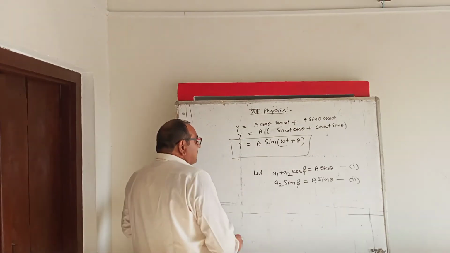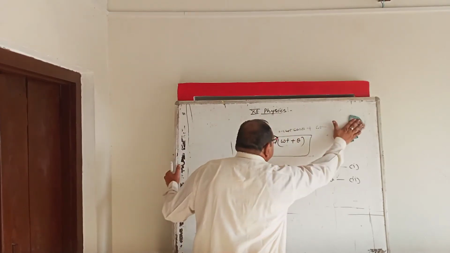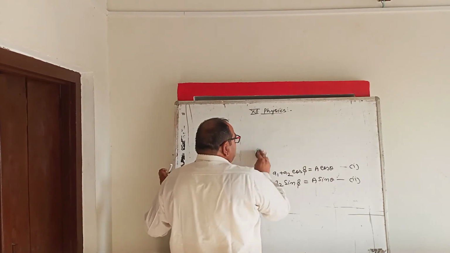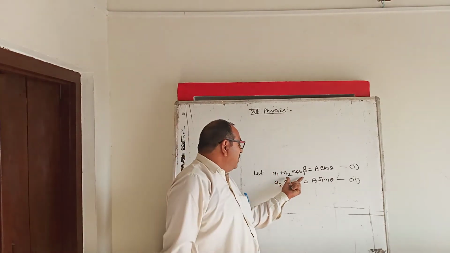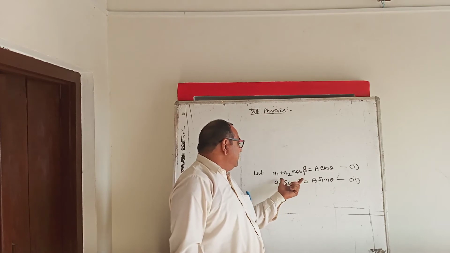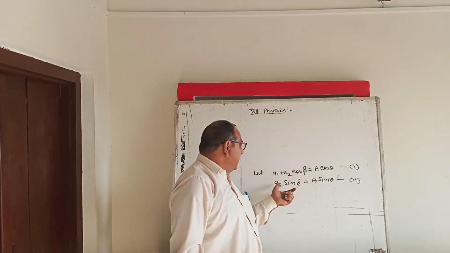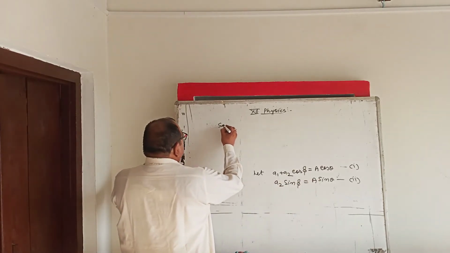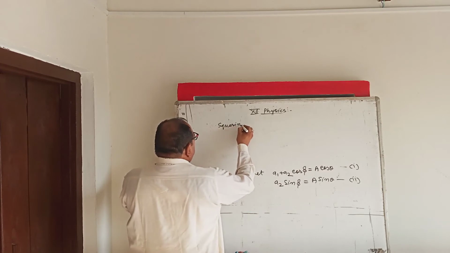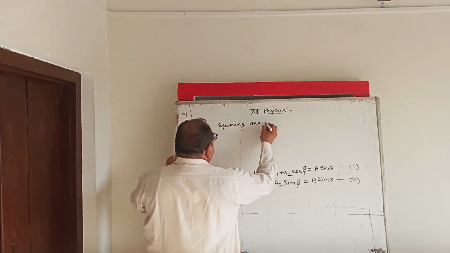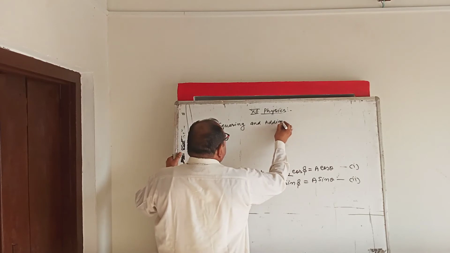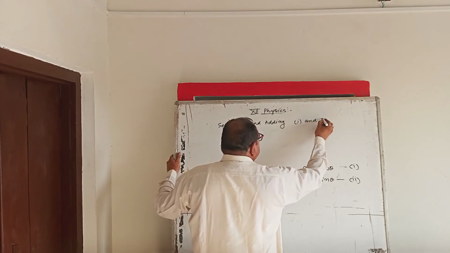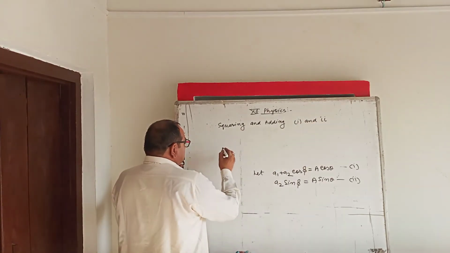Now, I have to prove that intensity is somewhere maximum and somewhere minimum. I take the help of these two equations, a1 plus a2 cos phi and a2 sine phi. Now what I do? Squaring and adding equation first and second. What will you get?